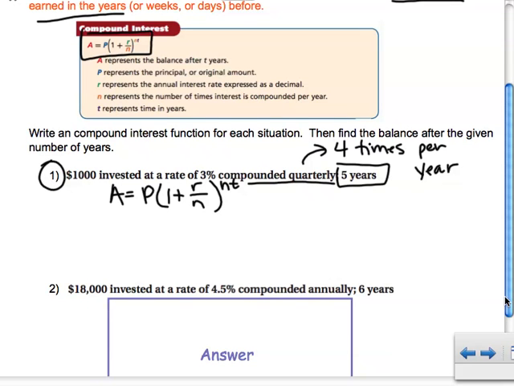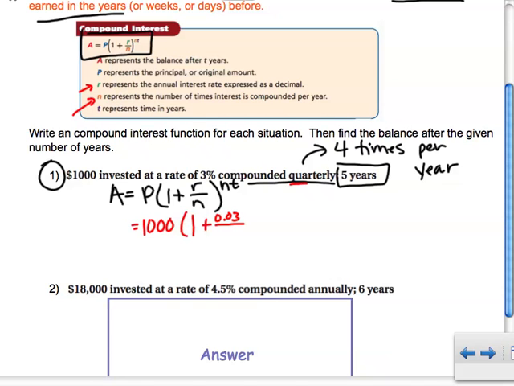If we are figuring out $1,000, that's going to be our principal, so that's your 1,000 here. We have 1 plus r over n. r is the rate, so that's going to be, in this case, 3%, 0.03, over n. n is the number of times it is compounded per year.